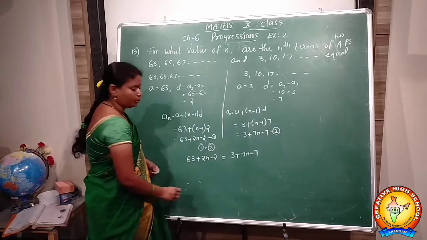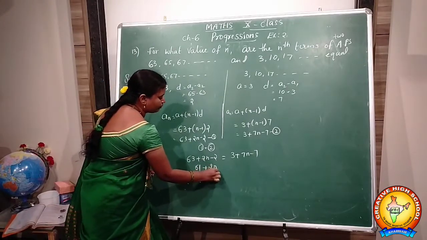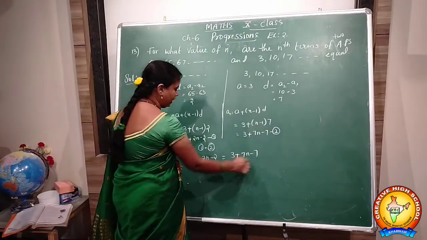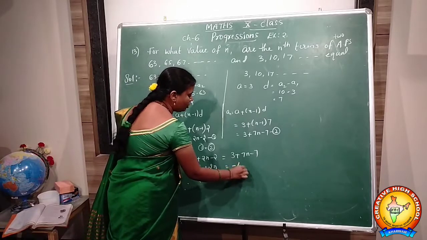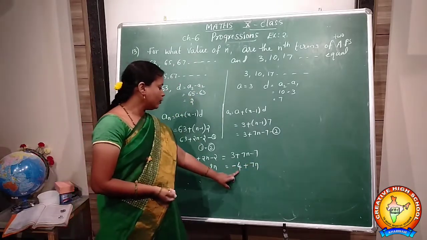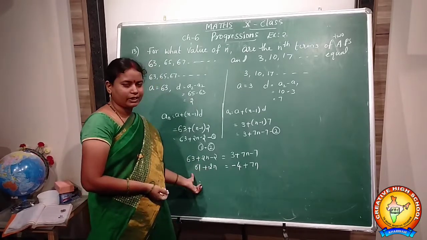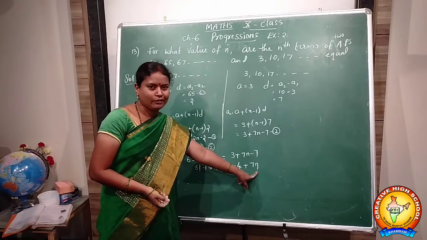63 minus 2 will become 61, plus 2n is equal to 3 minus 7. 3 minus 7 will become minus 4, plus 7n. Now, bring minus 4 to the left side of the equal sign and 2n to the right side of the equal sign.